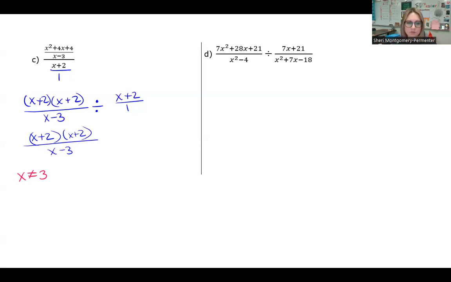I keep this first fraction the same. I change to multiply and I flip the second one. And then I check for new domain restrictions. So what cannot make this denominator equal to 0? It looks like I've got one common factor, so I mark it out.